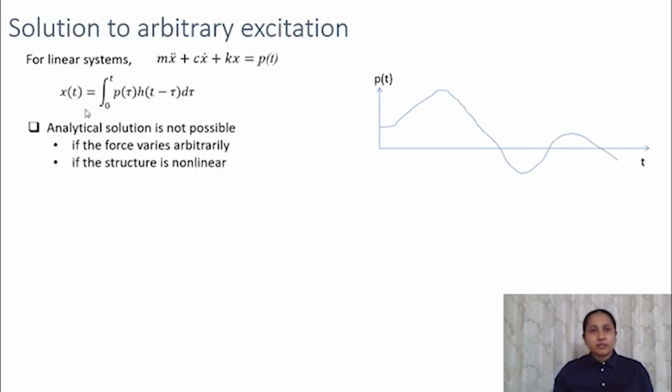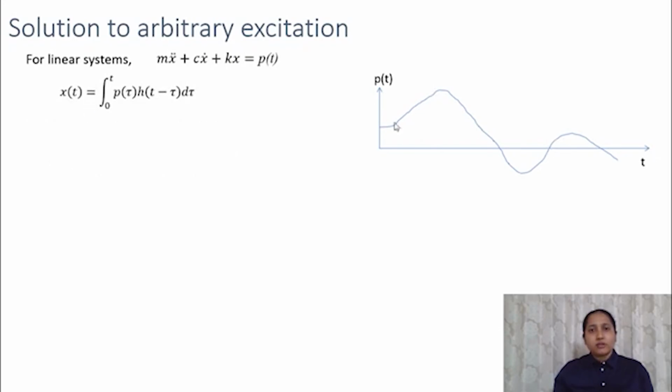So we have learned that the response of an arbitrarily varying function can be found using Duhamel integrals. So in this case, we can represent this arbitrarily varying force as a series of impulses, and the response can be found out using the impulse response functions. So in the last week, you learned that this h(t minus tau) is the response of a single degree of freedom system to a unit impulse.